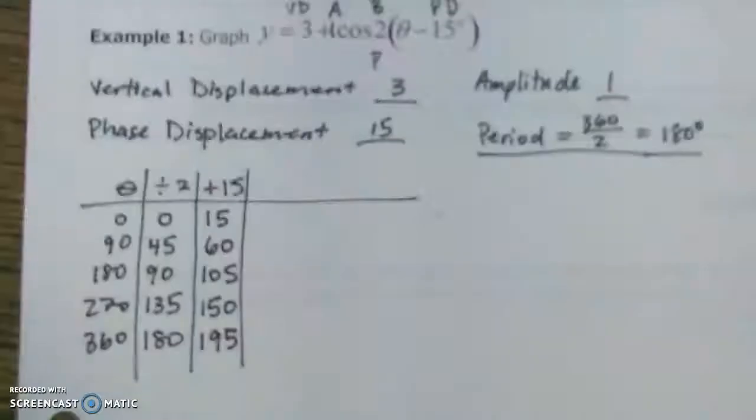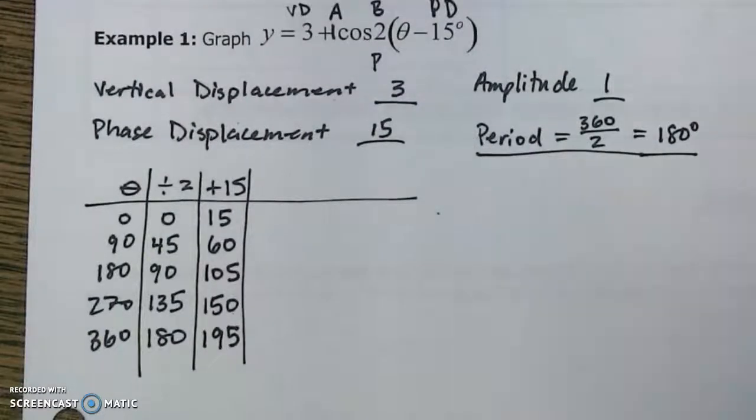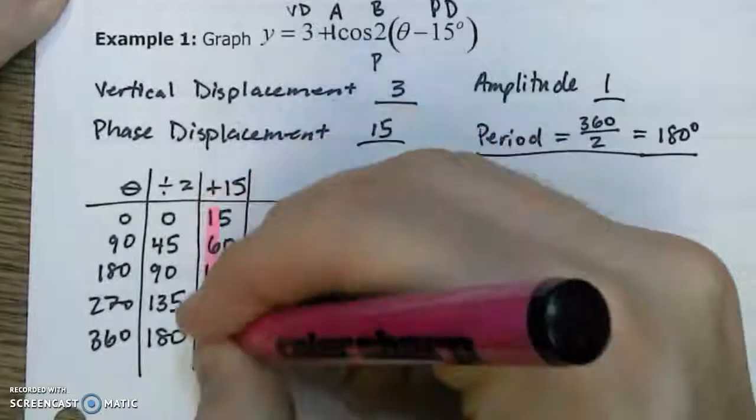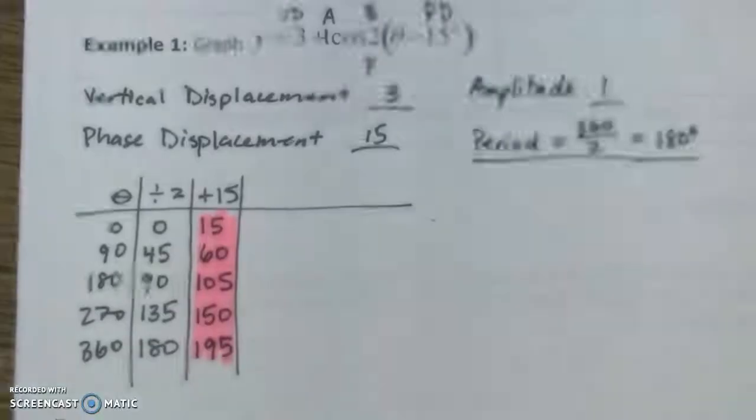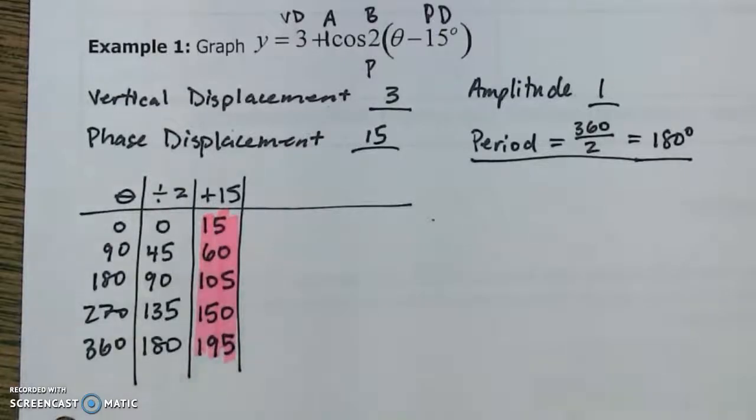Okay, so those are the theta values that we are going to have in our graph. We divided by 2 and we added 15.